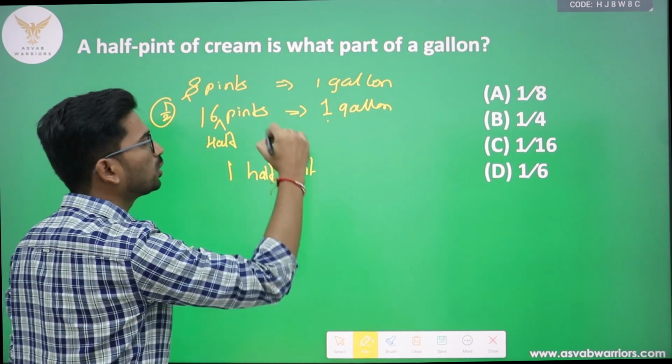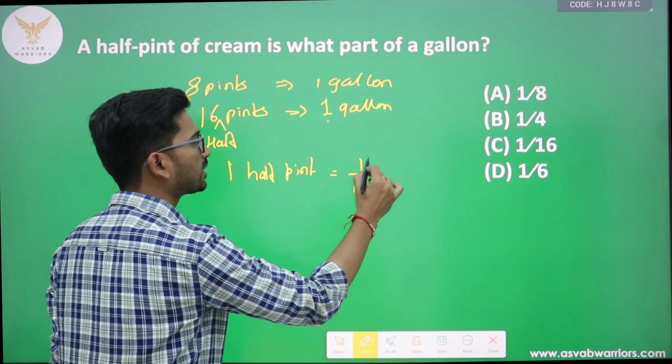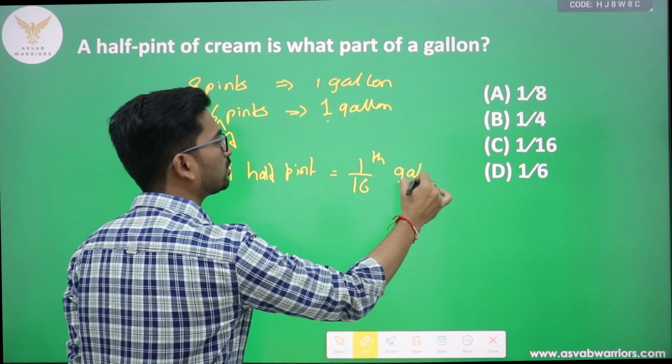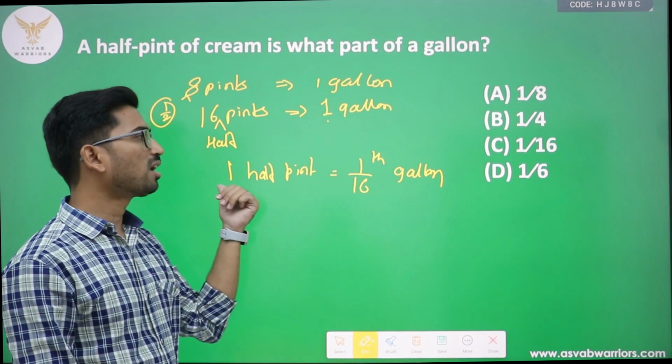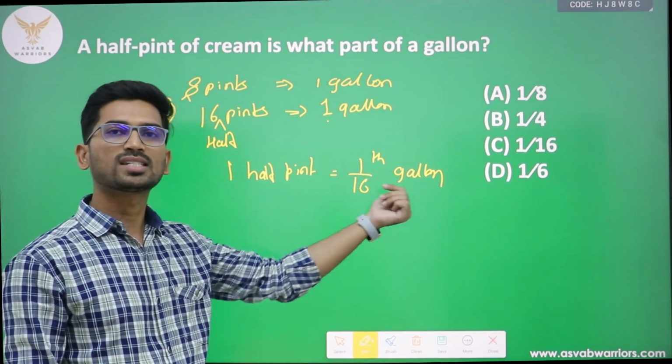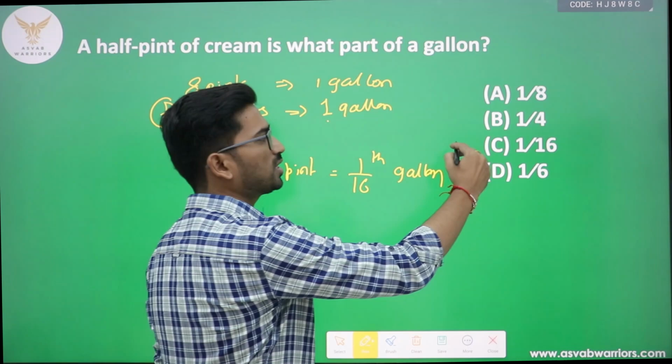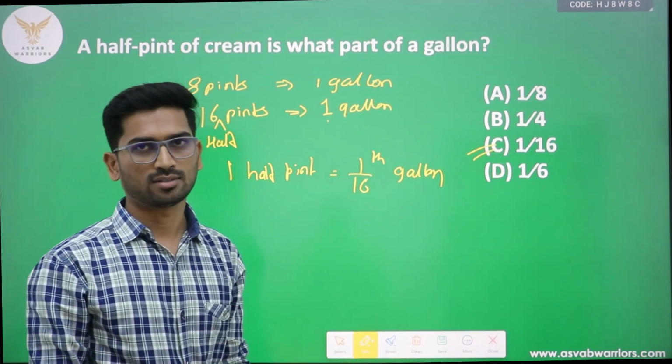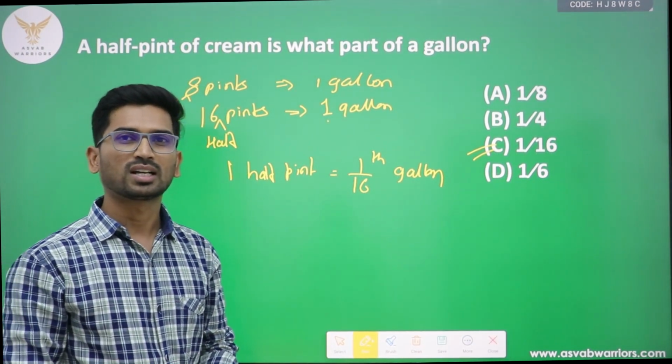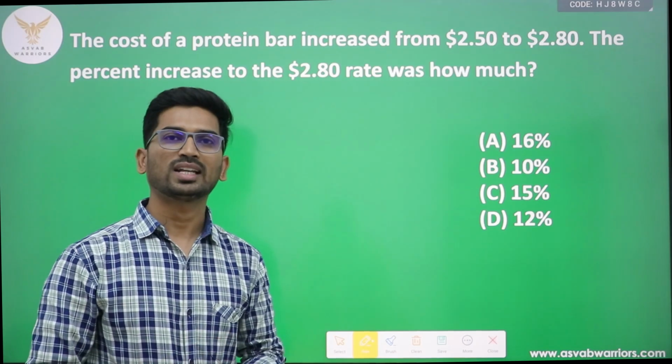It will be 1/16 of a gallon. Correct? So 1 half pint will be equivalent to 1/16 of a gallon. So option C will be the correct answer. This is a simple question of conversion. Moving on to the next question.